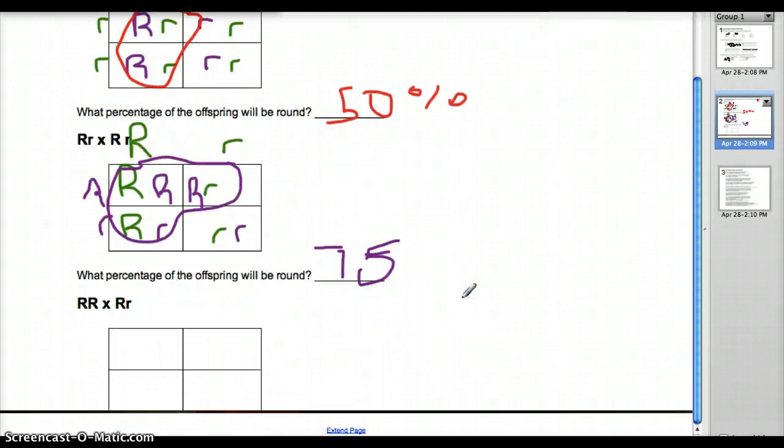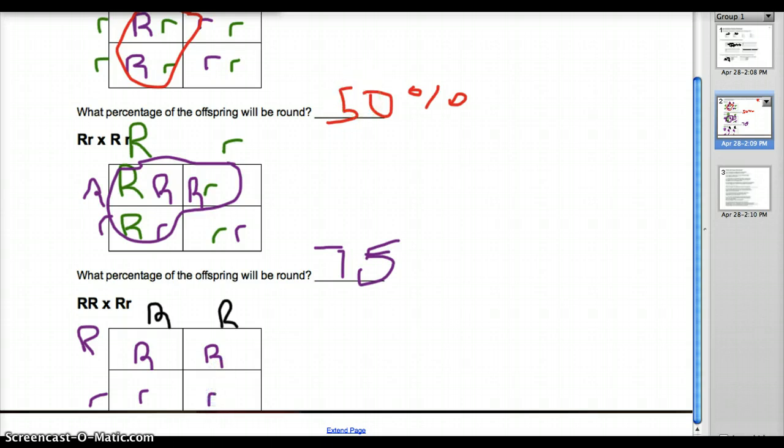All right, so then my last one, I've got a homozygous dominant, big R big R, with a heterozygous, big R little r. So I'm going to go ahead and put in my purple ones. It doesn't matter which parent comes first.